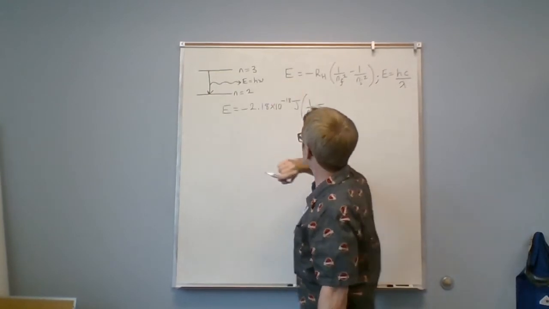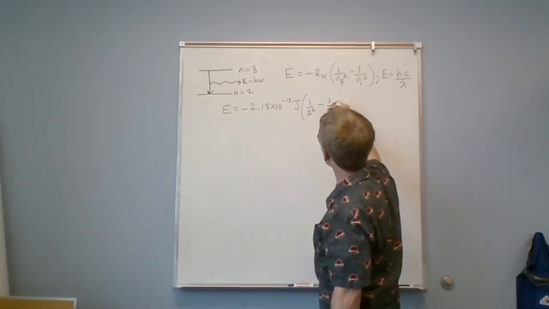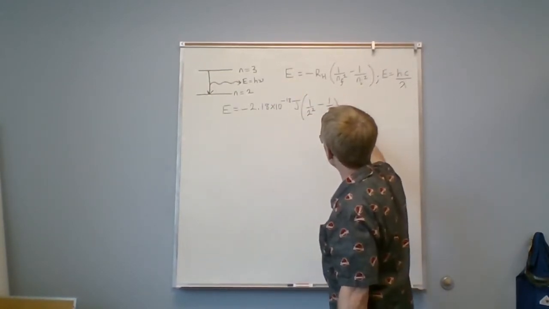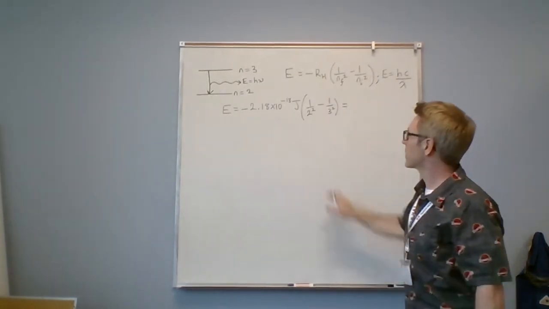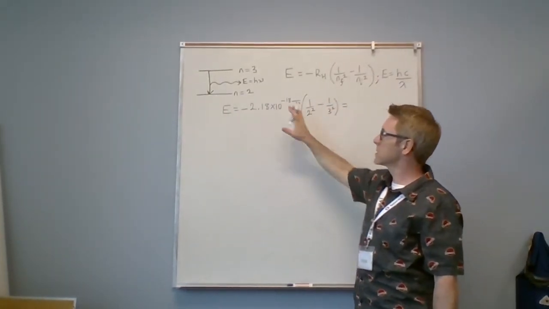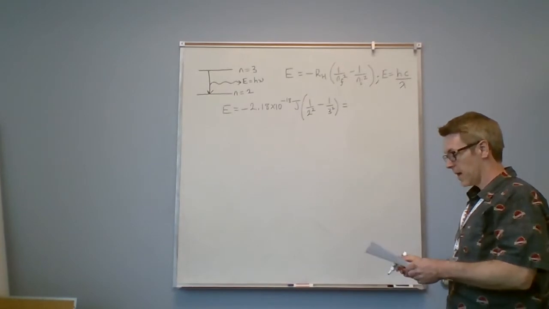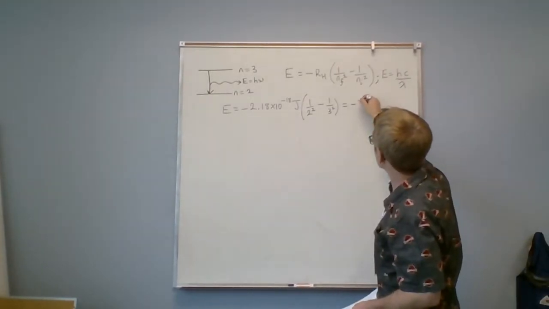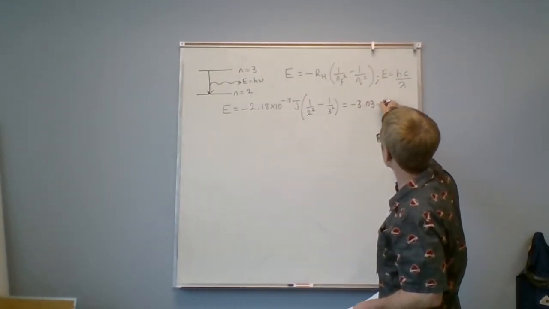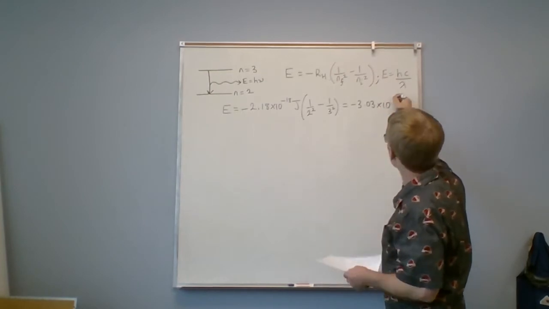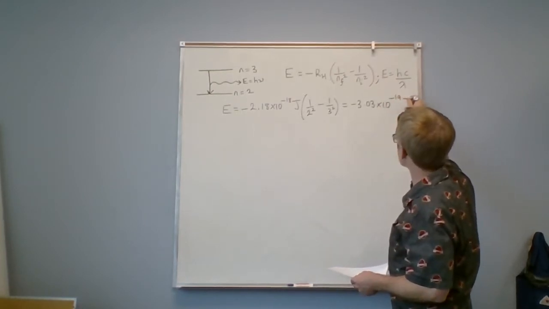My initial value is 3, so I've got 1 over 3 squared. So I've got a number multiplied by a constant number of joules. This should give me negative 3.03 by 10 to the negative 19 joules.